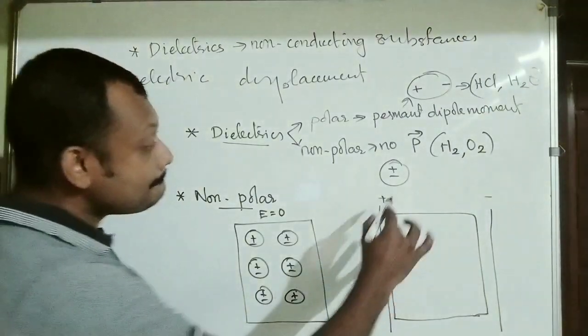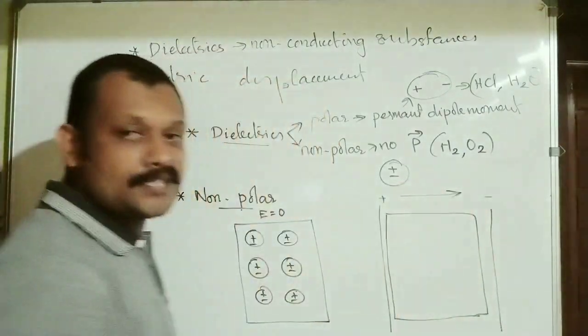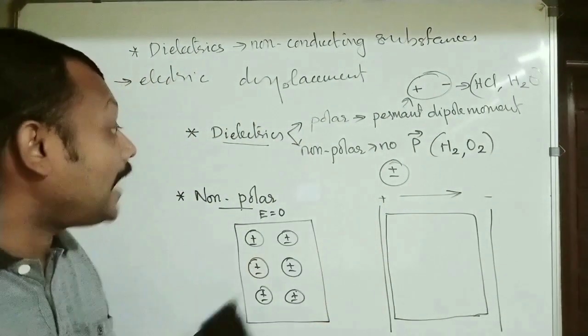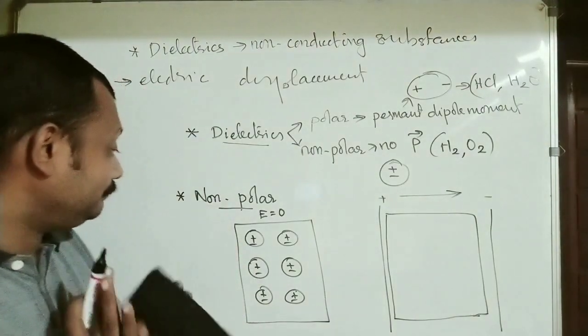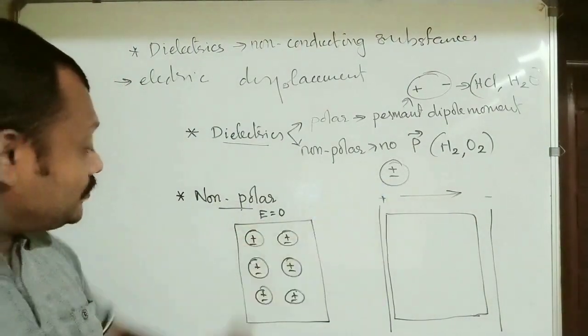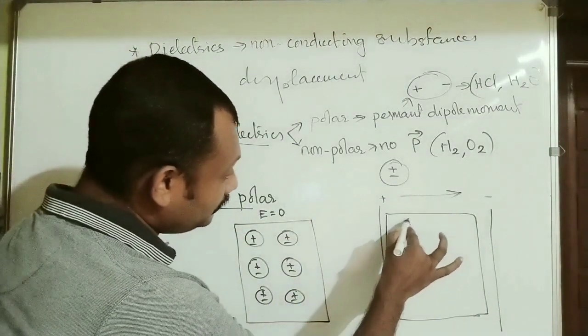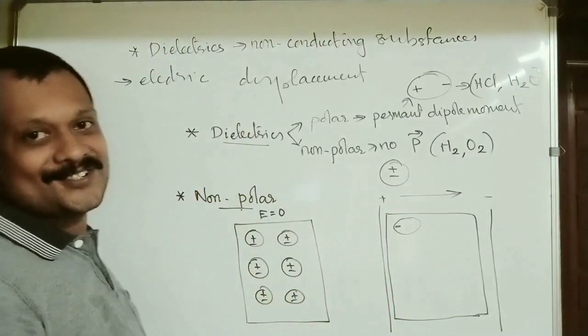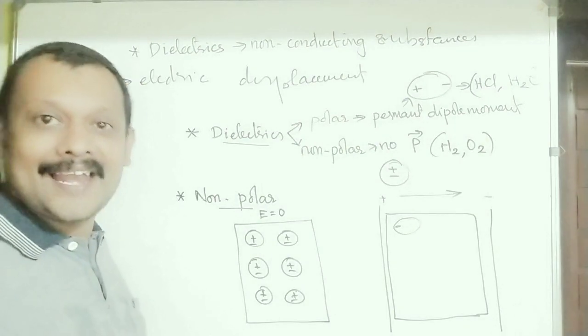It is from positive to negative. So what will happen then? Obviously, as there is a positive charge here, the negative charges will be pushed towards this side. Electric field, right?